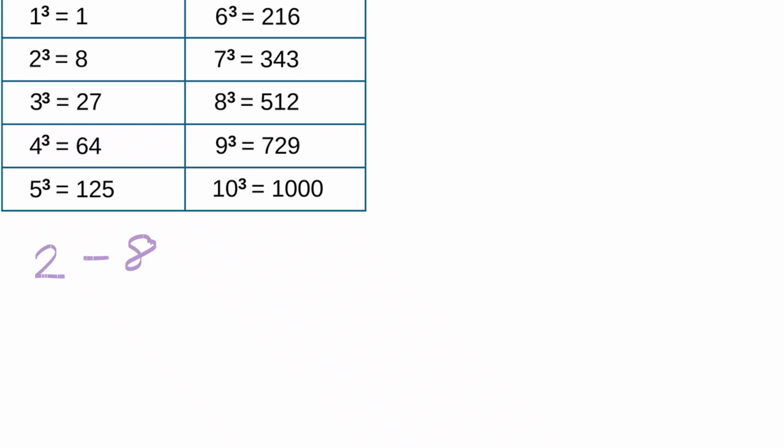If a cube is ending at 7, its cube root will end at 3. If a cube is ending at 2, its cube root will end at 8. If a cube is ending at 3, its cube root will end at 7. This is the most important thing you should know.